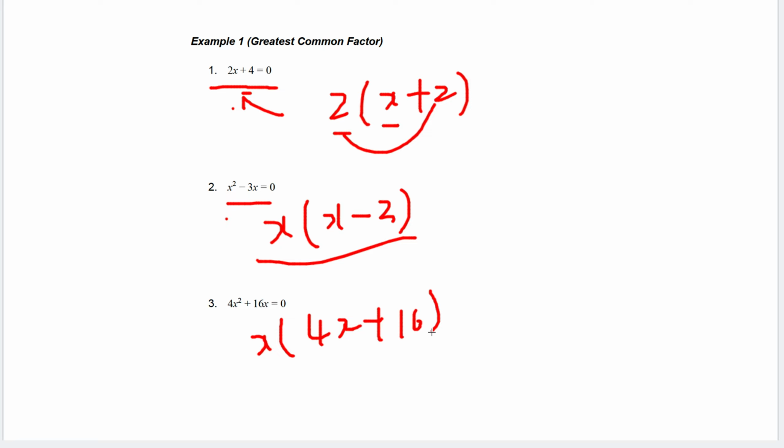But wait a minute, 4 and 16, can we get a common factor? Yes, of course. We can continue: take 4 outside, and then we get x plus 4, right? So this is the idea of how to find the common factor.